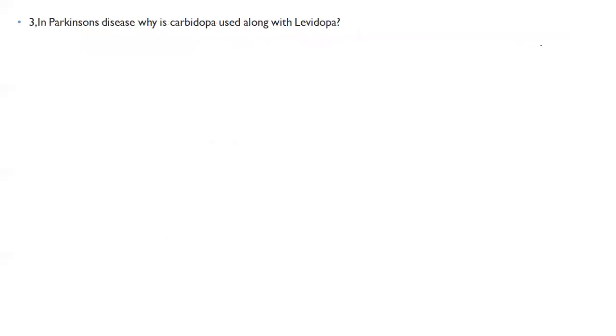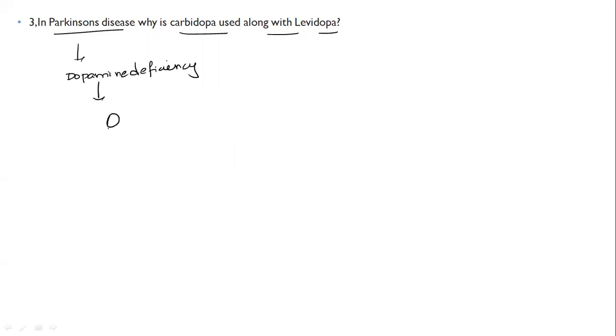All right. Now, in Parkinson's disease, why is Carbidopa used along with Levodopa? So in Parkinson's disease, what happens? There is a dopamine deficiency, right? You can think that, okay, this person is suffering with Parkinson's disease, I will just inject dopamine.